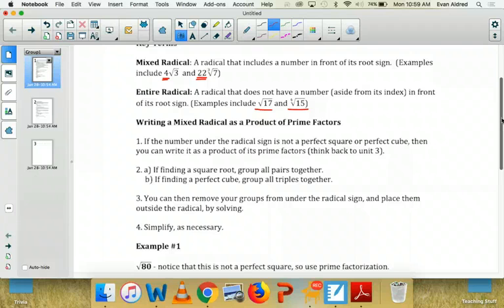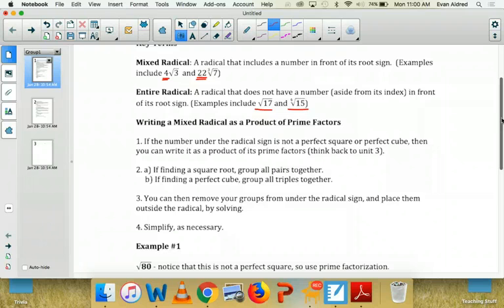Step 2: if you're finding a square root, you're going to group all pairs together. If you're finding a cube root, you're going to group all triples, or trios, together. So under your radical sign, you're going to write out your prime factors and group any pairs or triples together depending on the index of the radical you're solving.